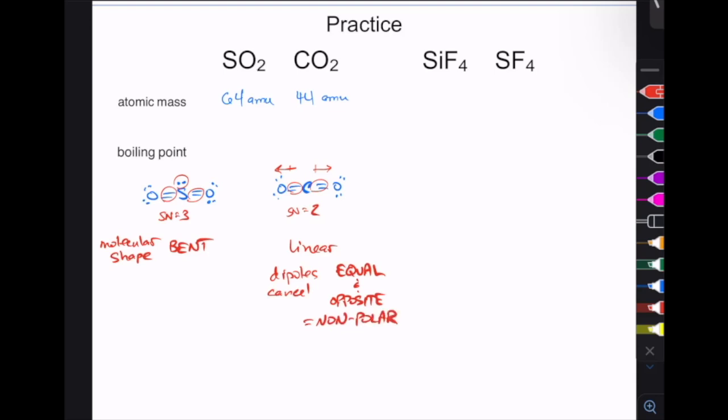Now, with sulfur dioxide, here I'm going to use a different arrowhead, just because the magnitude of an SO double bond is going to be different than the magnitude of a CO double bond, okay? But if we're just looking at sulfur dioxide, whatever that magnitude is, it's the same. So we've got equal magnitude.